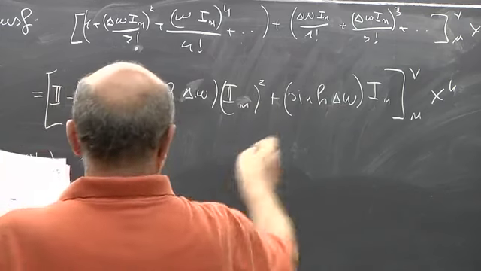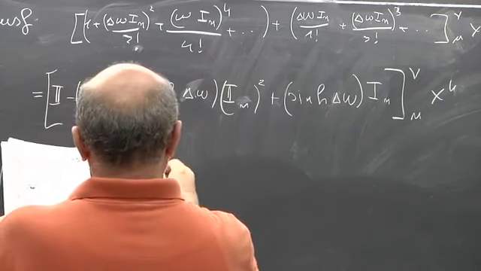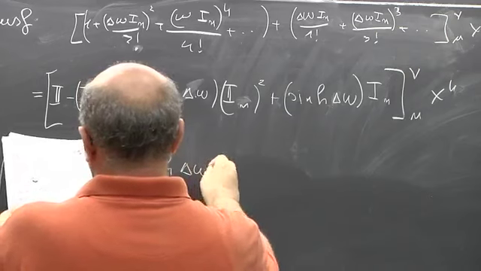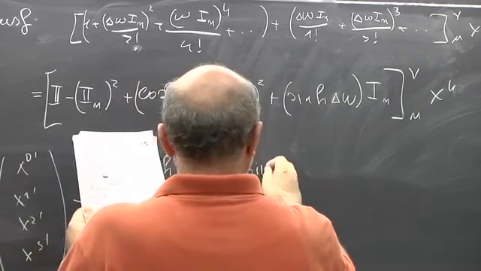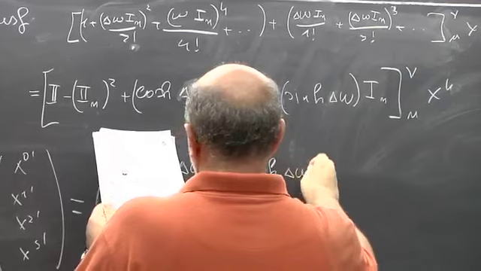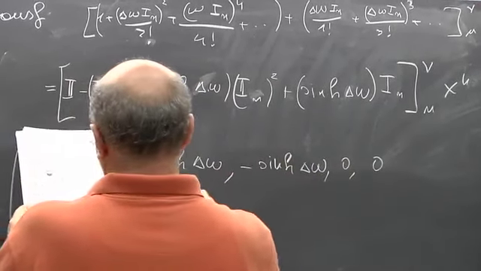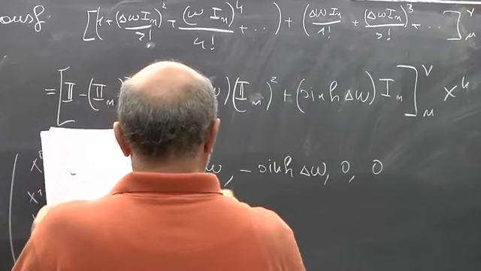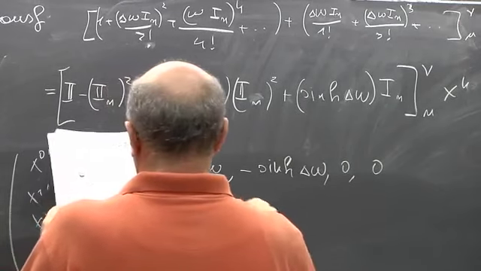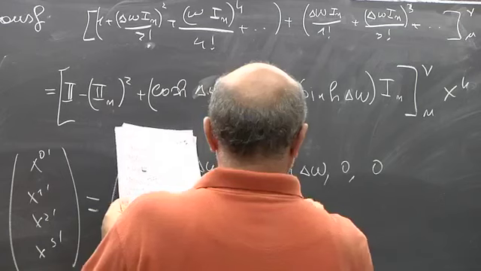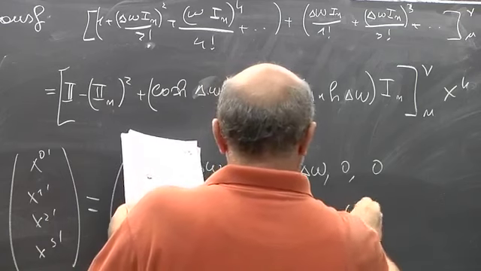These matrices now become nothing else than cosine hyperbolic delta omega, minus sine hyperbolic delta omega, 0, 0. Then I have minus sine hyperbolic delta omega, cosine hyperbolic delta omega, 0, 0.